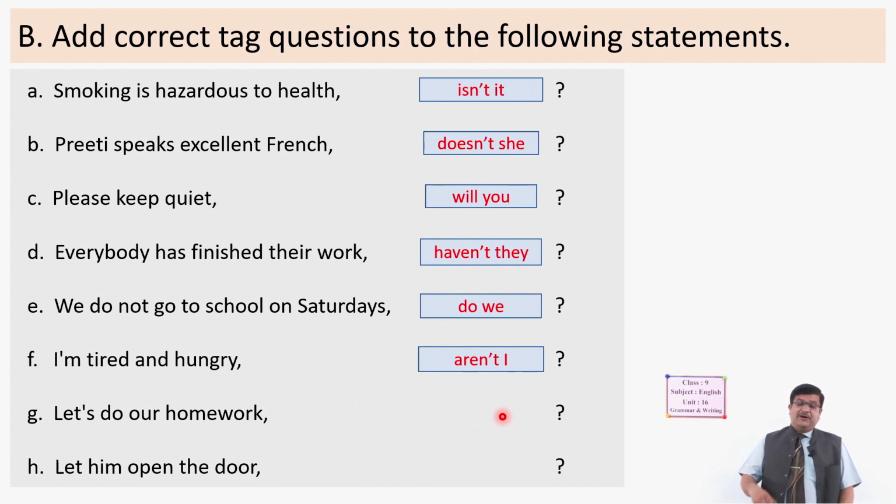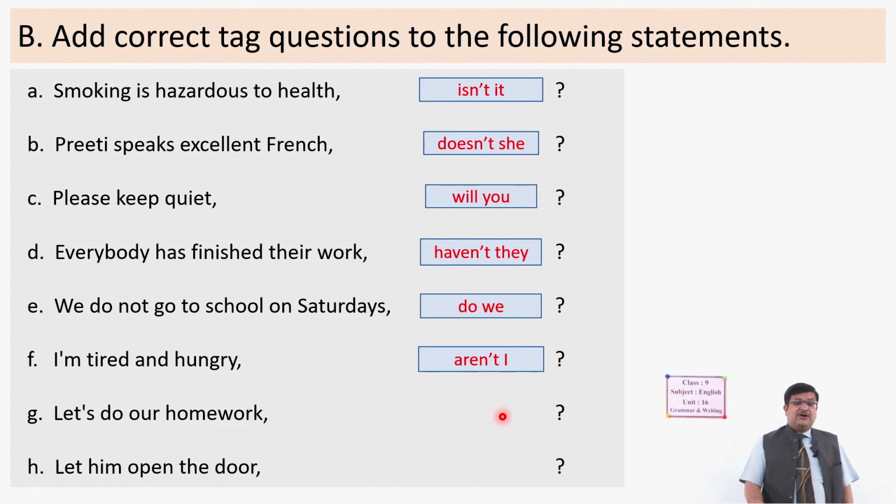Okay, but when am is used in negation or in the negative statement, the same auxiliary verb am is used in the tag. So if I am tired and hungry, in this sentence am is used in the affirmative statement, so am changes into are. So that is aren't I?